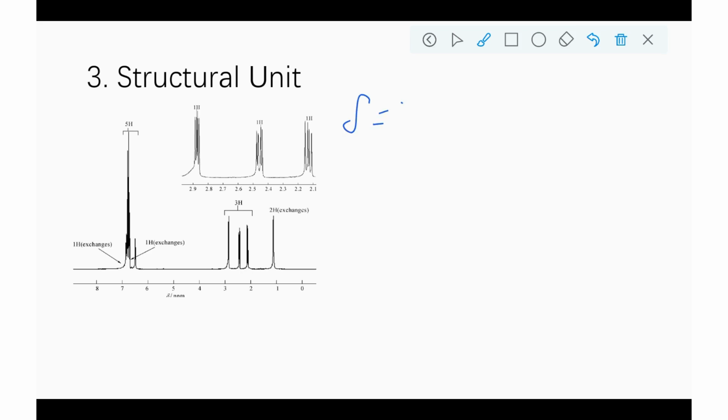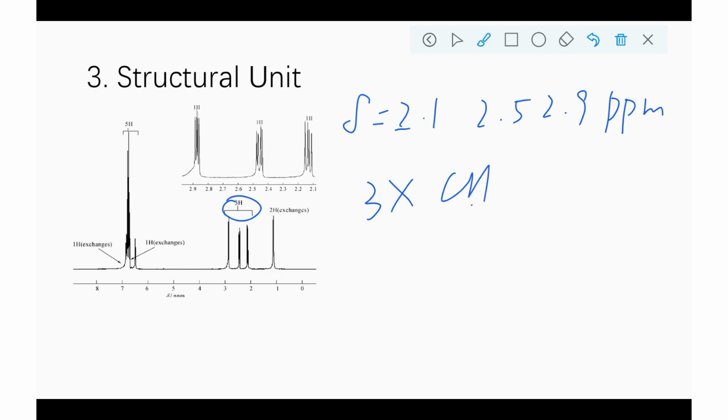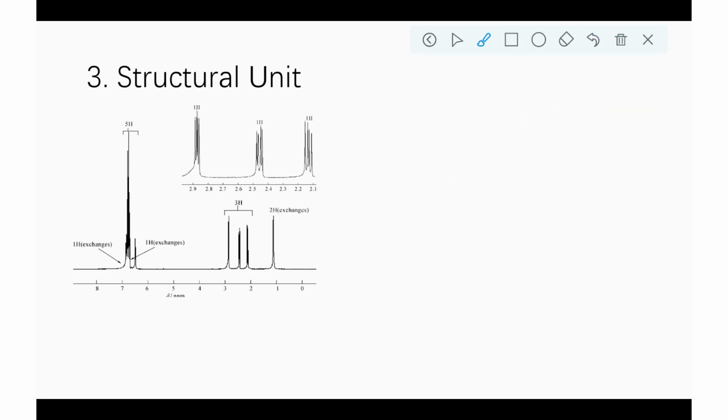And at about 2.1, 2.5, 2.9 ppm, there's 3 hydrogen. So you might want to think it is because we have 3 methylene groups. But if we have 3 methylene groups, they need to have extra groups attached to them, right? So it's going to be a little hard, and we're just going to set it aside first and look at the other hydrogen groups.